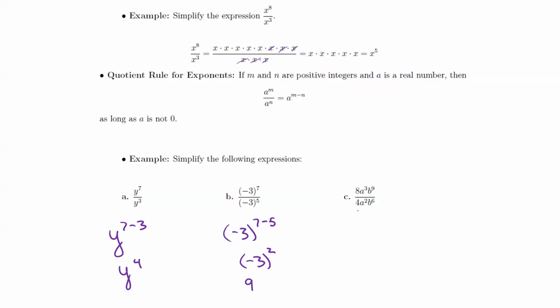And then on this one, what you can see is that even if you have multiple different bases within the same expression, you can just treat each part like its own individual piece. And maybe what I'll do here is write bigger and provide more space.